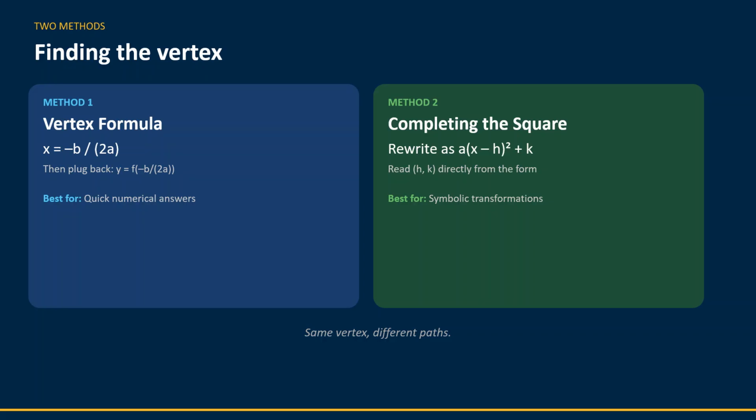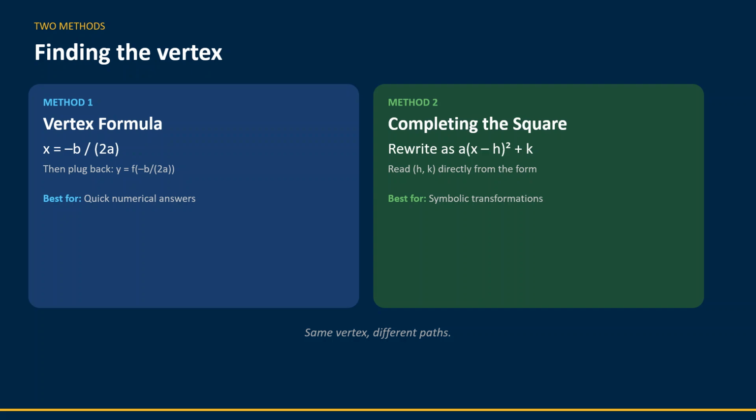Two methods to find the vertex. Method 1 is the vertex formula. X equals negative b over 2a gives the x-coordinate. Then you plug back into the function for the y-coordinate. Method 2 is completing the square, which converts standard form into vertex form, a times the quantity x minus h squared plus k, and lets you read h, k directly.